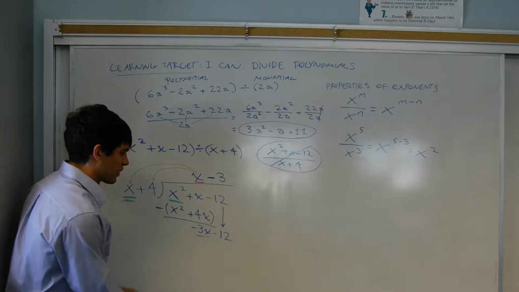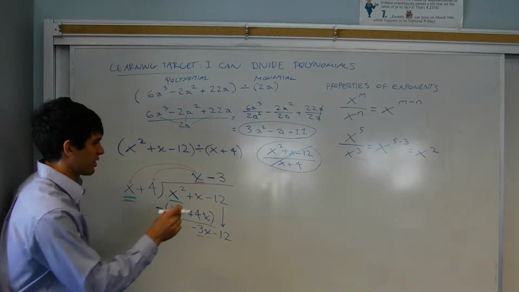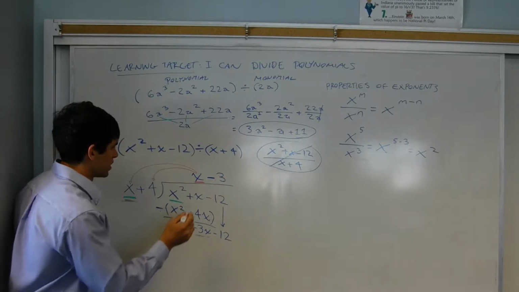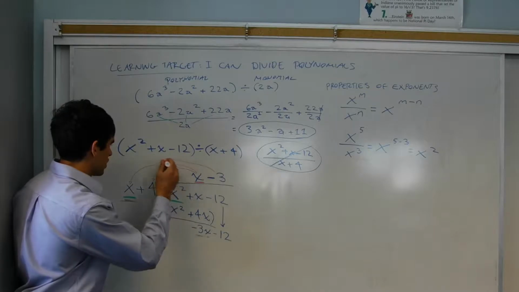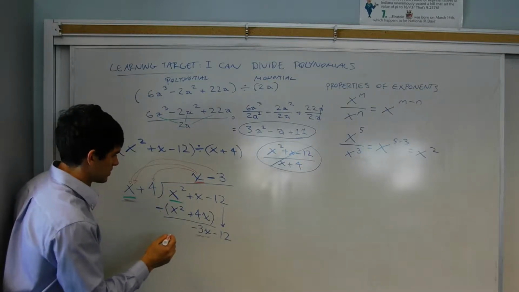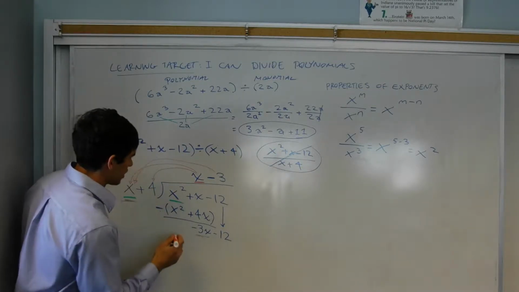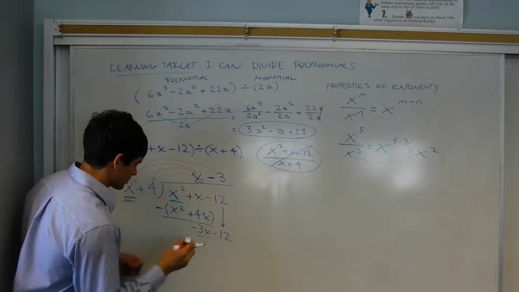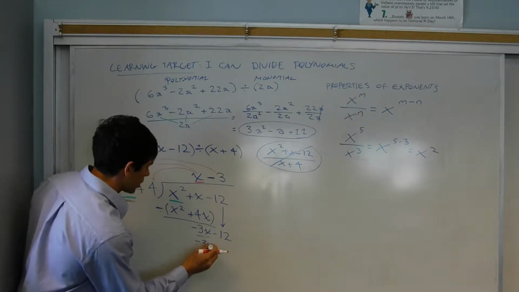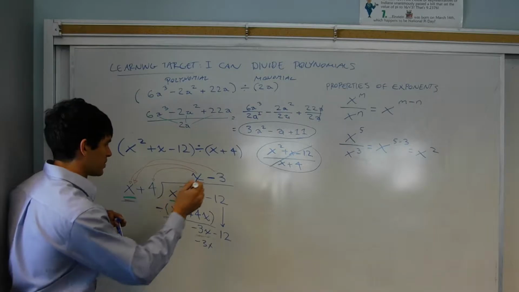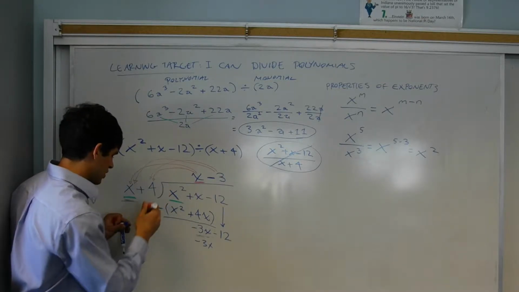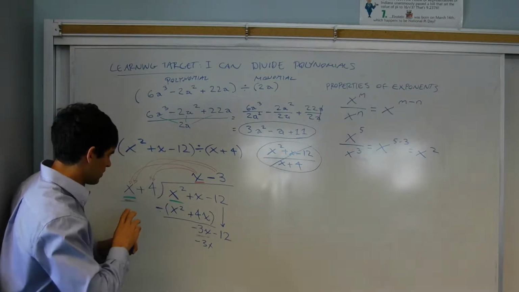And then we're going to repeat what we did down here, except this time with the negative 3. So what's negative 3 times x? That's going to be negative 3x. And what is negative 3 times positive 4?